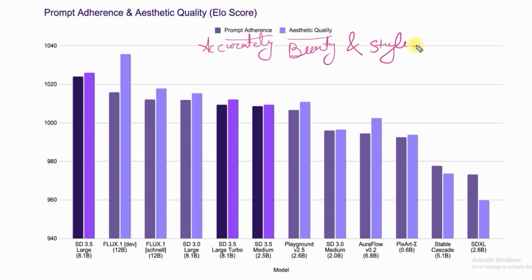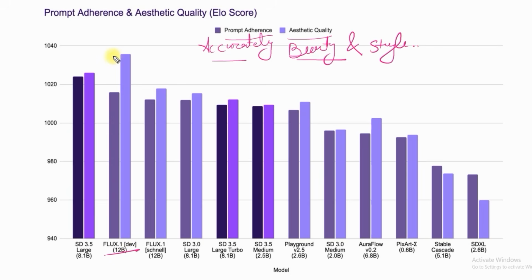Here is a cool detail. Stable Diffusion 3.5 Large scores higher than its competitors in both prompt adherence and aesthetic quality. However, Flux.dev 12b, here you can see this one, does slightly better in aesthetic quality.